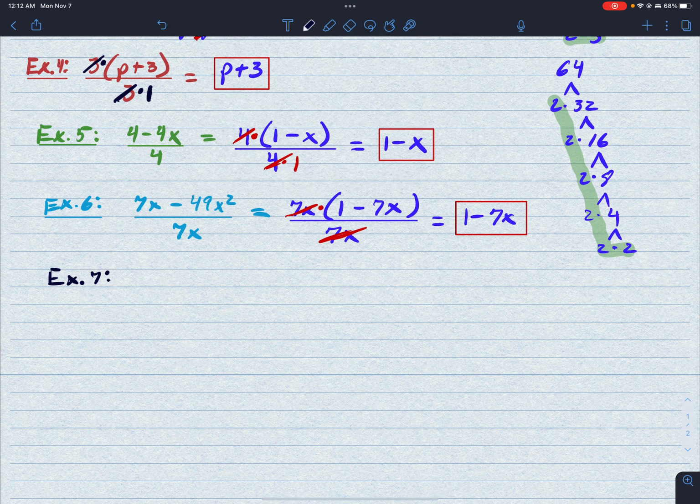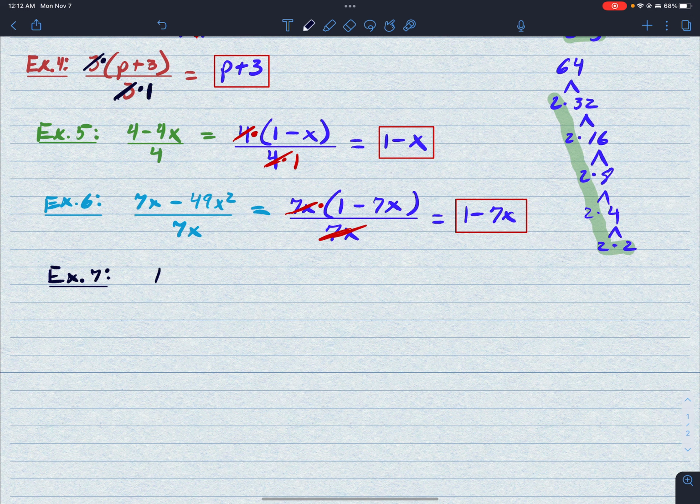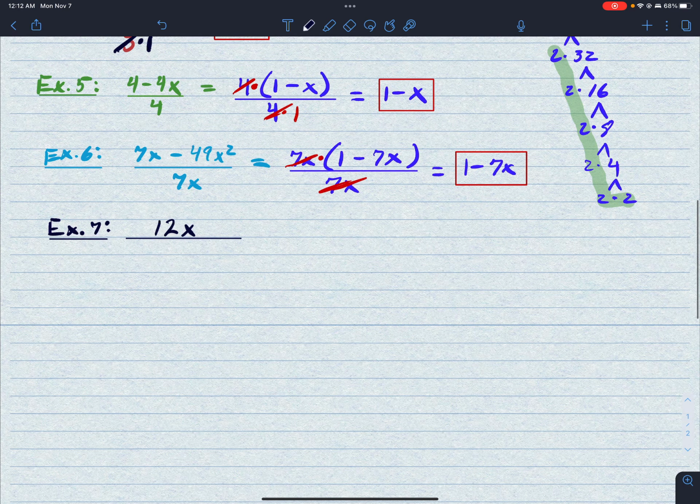But I need to make sure that you're really careful, because what you can't do is on a problem, let's say I make one more up here. Let's say you had a problem like 12x over 3x plus, I don't know, let's go over 21.